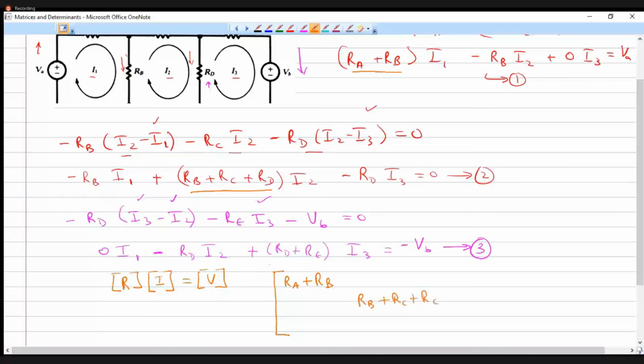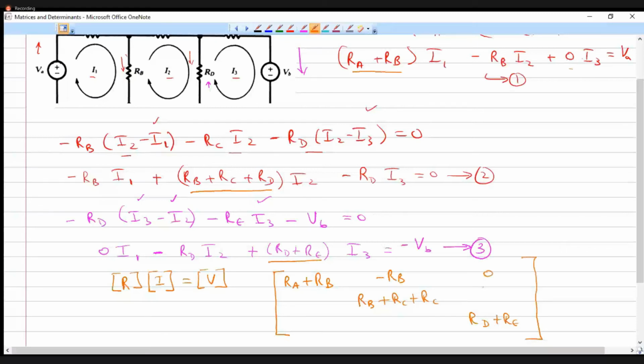And the third element is RD plus RE. So what are the other elements? I have minus RB and 0.